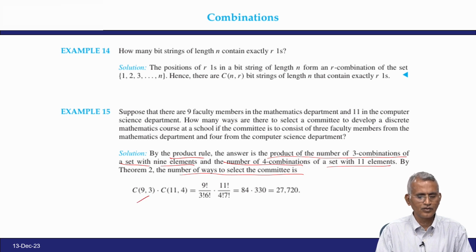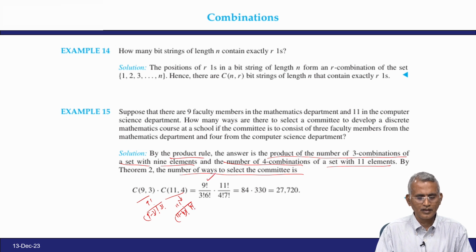9C3 into 11C4, which is equal to 9 factorial divided by (9 minus 3) factorial into 3 factorial, and 11 factorial by (11 minus 4) factorial into 4 factorial.